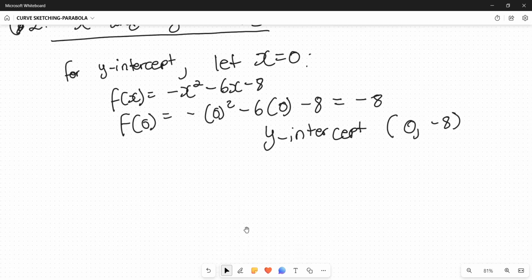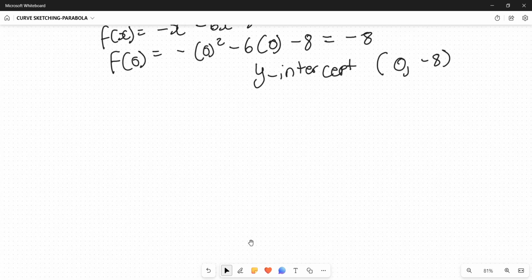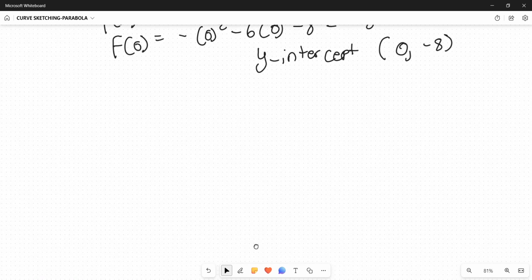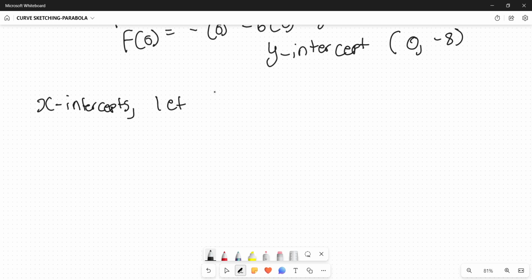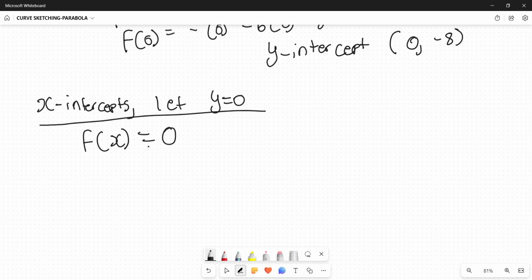So now lastly we have to find the x-intercepts. Now remember, for x-intercepts we let y be equals to 0, which means f of x equals to 0.